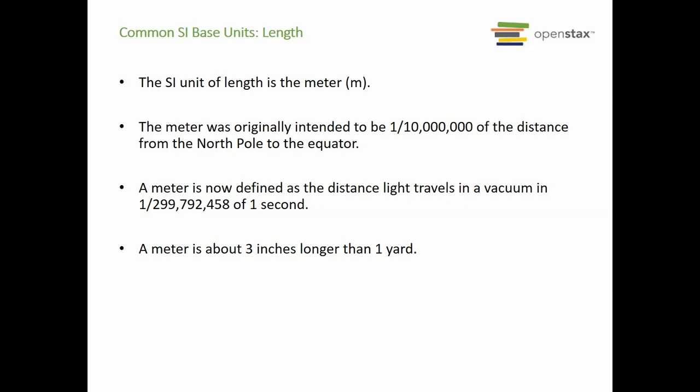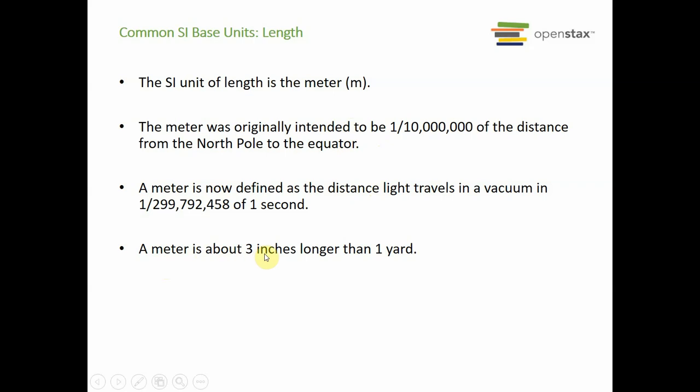Very, very close to 300 million meters a second, or 3 times 10 to the 8th meters a second. It's a little rounder in centimeters. It's 3 times 10 to the 10th centimeters per second.